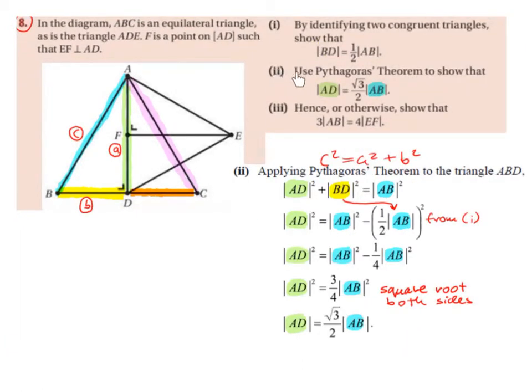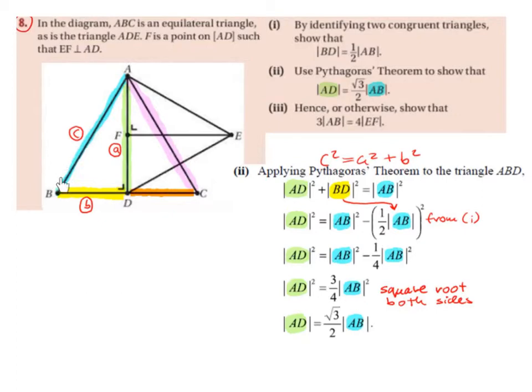Part 2. Use Pythagoras' theorem to show that AD is equal to root 3 over 2 AB. We apply Pythagoras' theorem, c squared equals a squared plus b squared, where c is the longest side, the hypotenuse, to the triangle ABD.